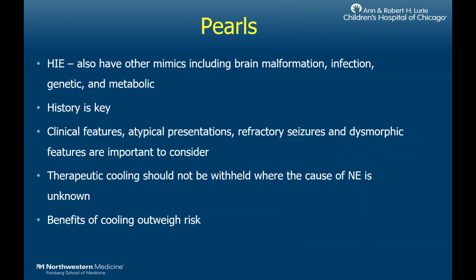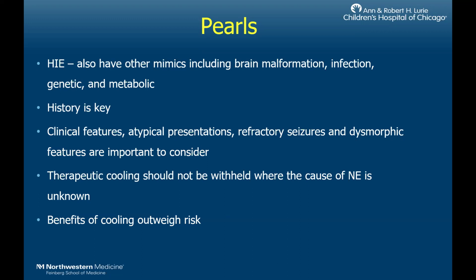So I hope this has gone through that briefly, and some of the pearls I want to share are that history is key. There are other mimics to HIE that we should be aware of. They're very uncommon, but they are still present. Clinical parameters such as increased lactate or increased ammonia will point towards a metabolic entity.